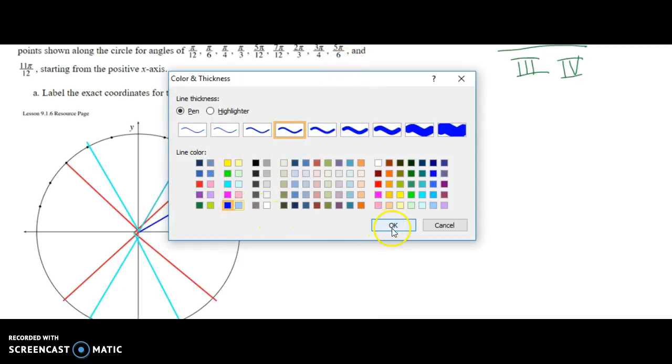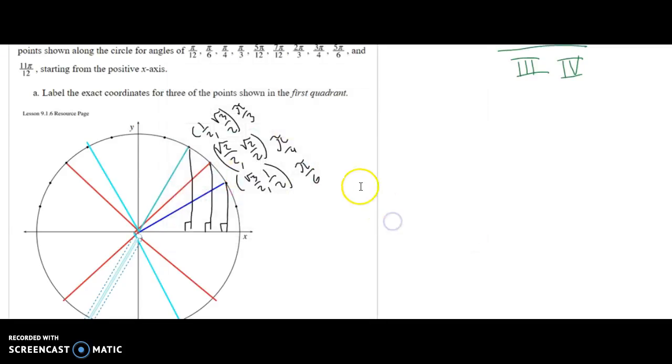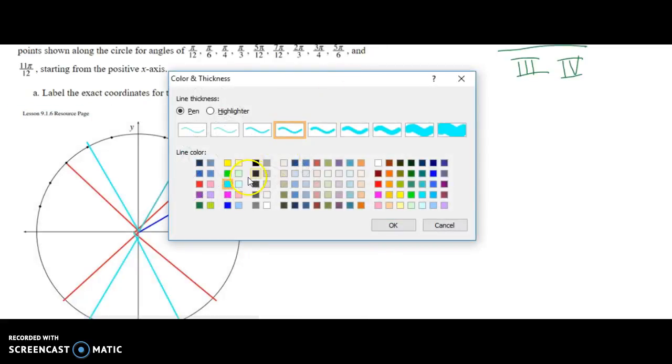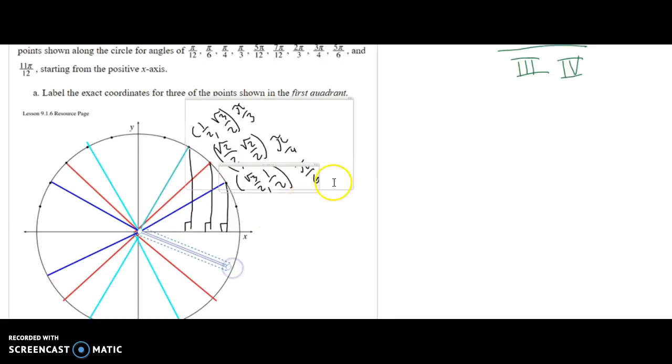And then we will make a few more lines for these other ones, and we want some darker blue, and so hopefully seeing the color coordination helps us to see kind of where these are in reference to our reference angles in our first quadrant.